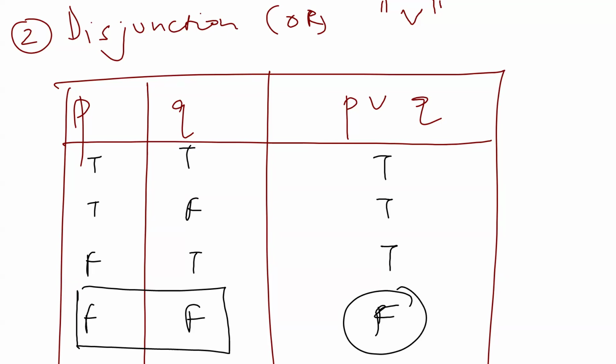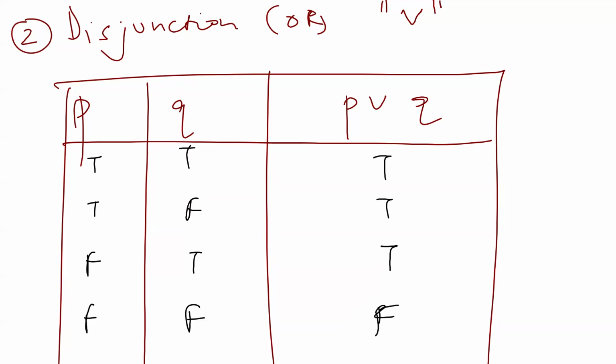This is how you need to remember. In and, if both are true, then only the final answer is true, remaining is false. In or, if both are false, then only the final answer is false, everything else is true.